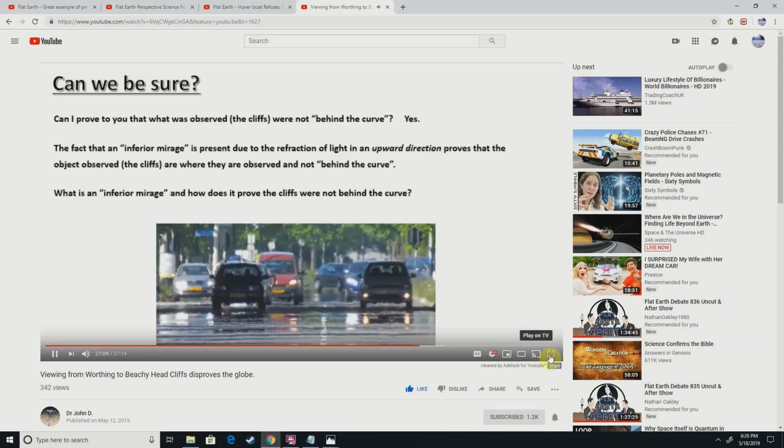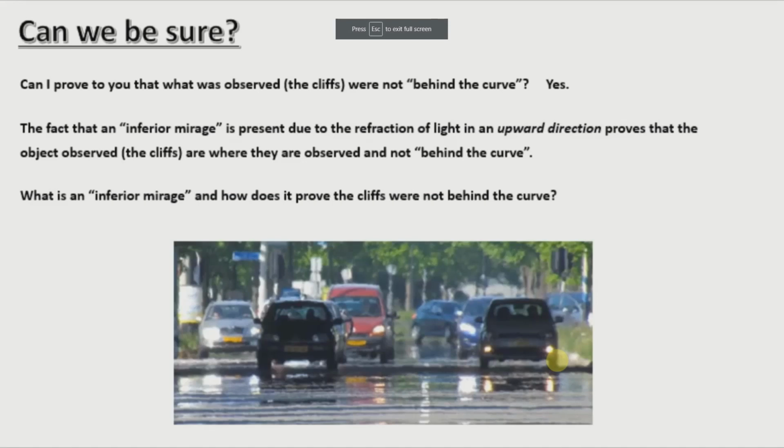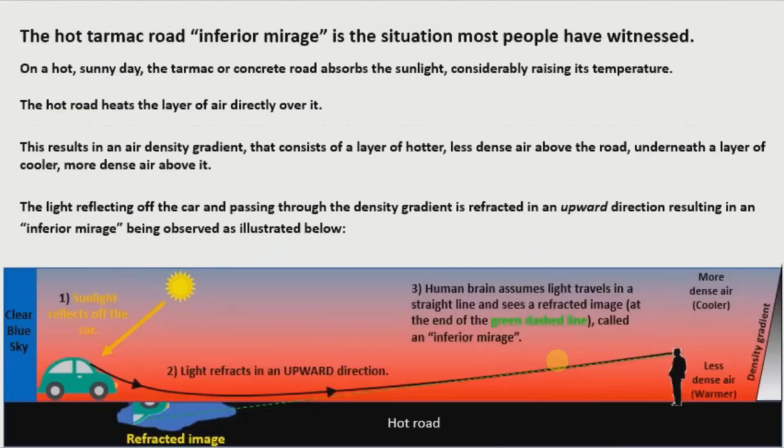What is an inferior mirage, and how does it prove the cliffs were not behind the curve? The hot tarmac road inferior mirage is the situation most people have witnessed. On a hot sunny day, that tarmac or concrete road absorbs the sunlight, considerably raising its temperature. The hot road heats the layer of air directly over it.